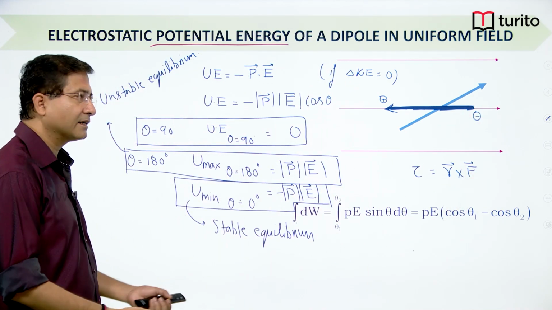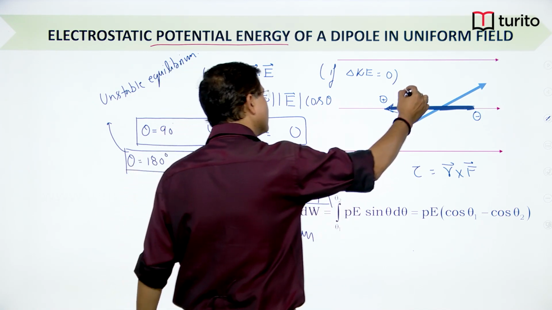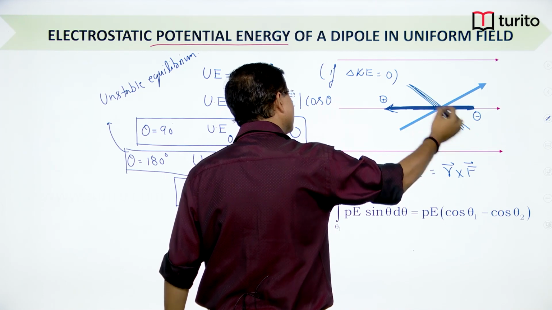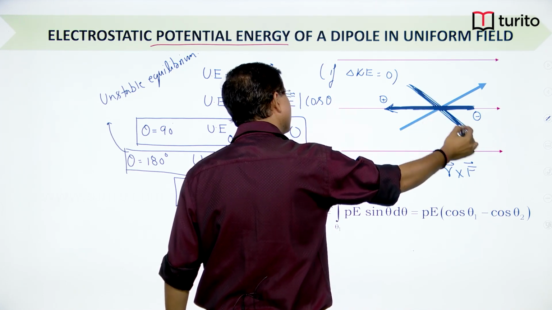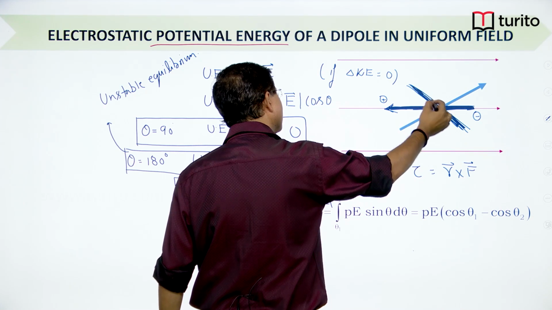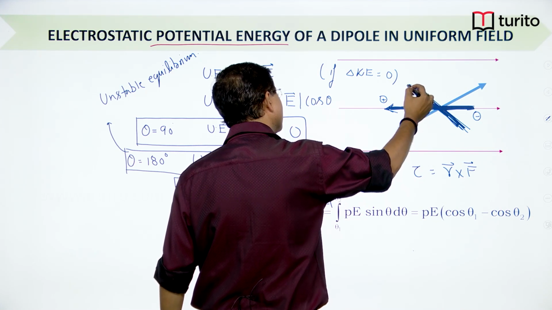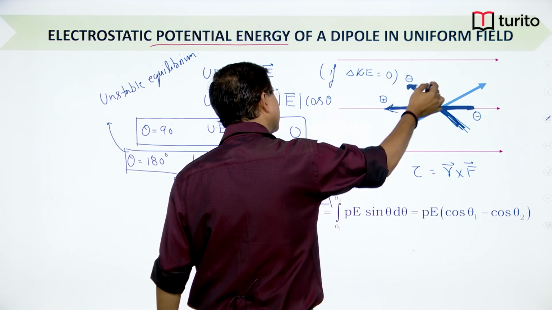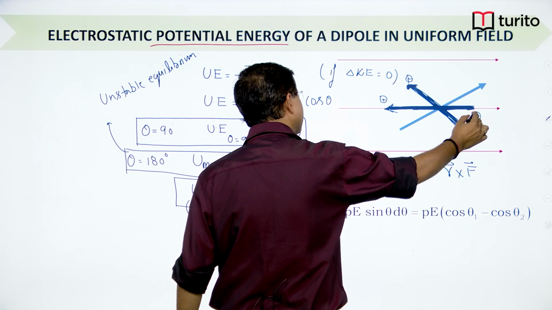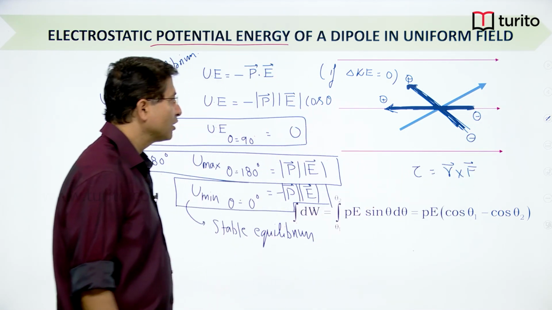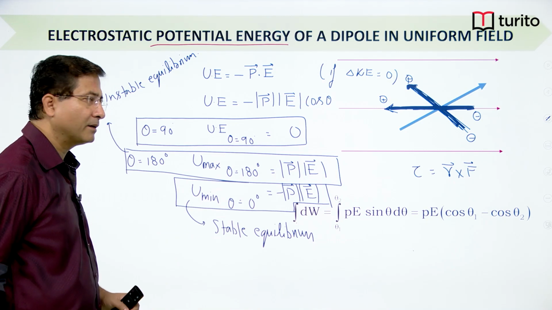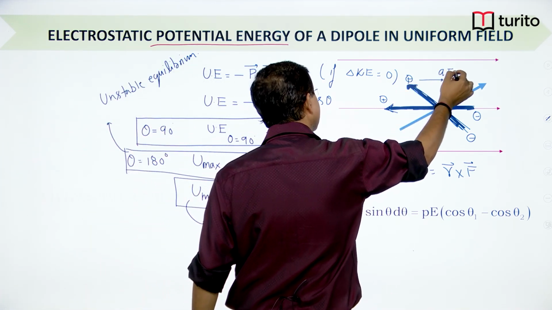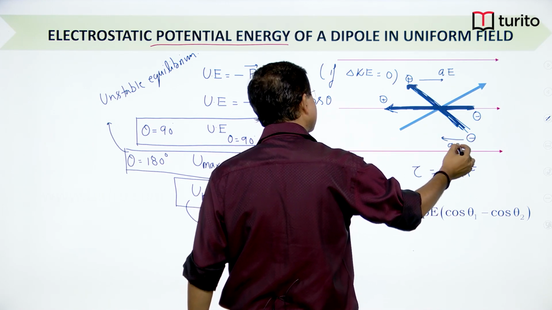If I slightly rotate it, now this positive charge will come here and this negative charge will appear here. If you look at the torque at this moment, the force acting on the plus q charge is QE in this direction, and the force acting on this negative charge is QE in this direction, right.